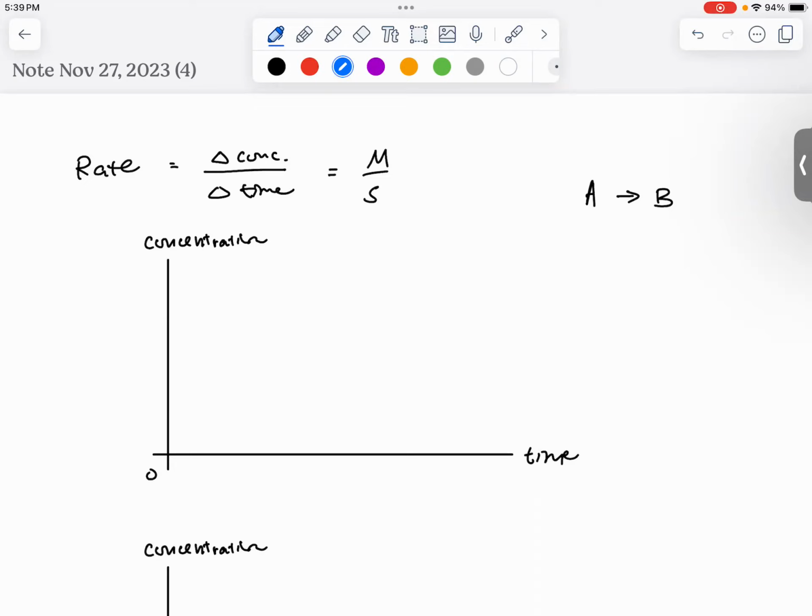For example, for A, let me use blue for A. A should be something non-zero, and then it goes down. Where it goes down, I don't care. It can go all the way down to 0. It can become flat. And then for B, it has to be 0.